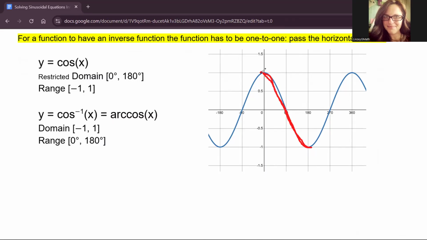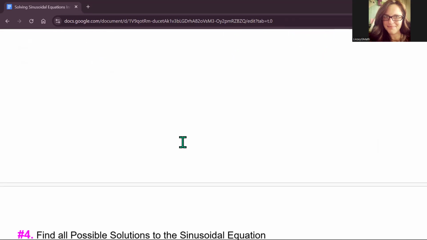So now this piece will pass the horizontal line test. And then the inverse function switches the domain and range of the cosine function. So our domain, any input, inverse cosine of any value needs to be between -1 and 1. And we will get an output of any angle between 0 and 180 degrees. To find all the solutions, we will need to use the other properties of cosine. Let's take a look at an example.